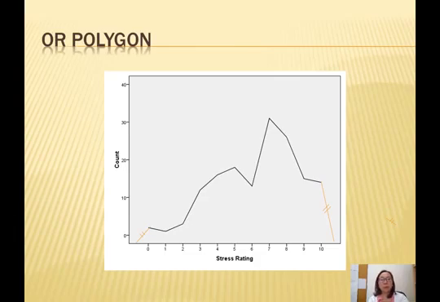You have a choice there. With the polygon, you want to make sure that the line that represents the frequencies is not kind of floating in midair. So we anchor it down to the horizontal line with 2 dashes in between, or just bring down a dotted line to kind of anchor it to the horizontal line.